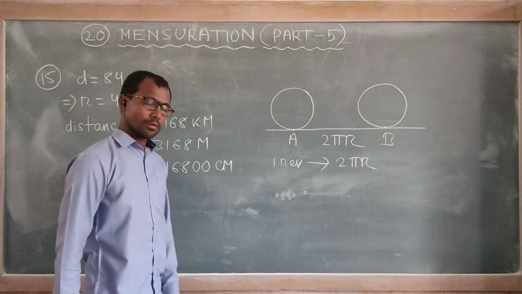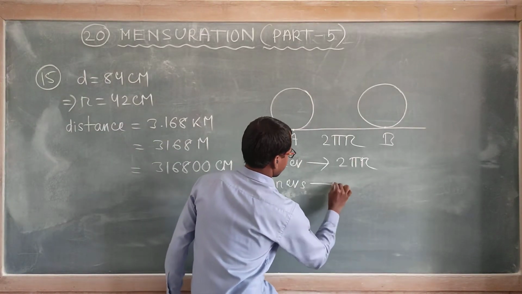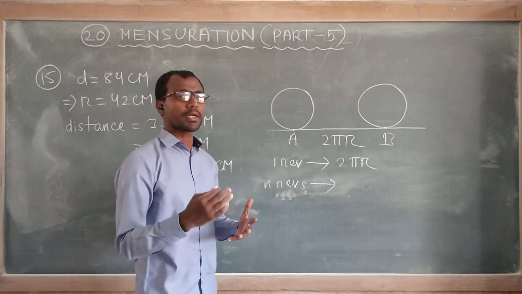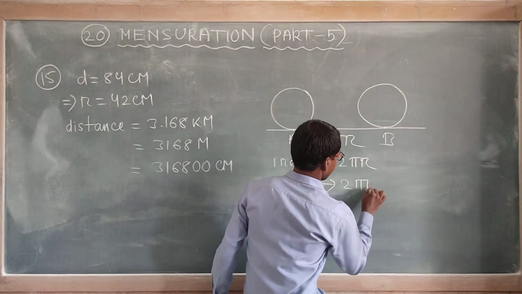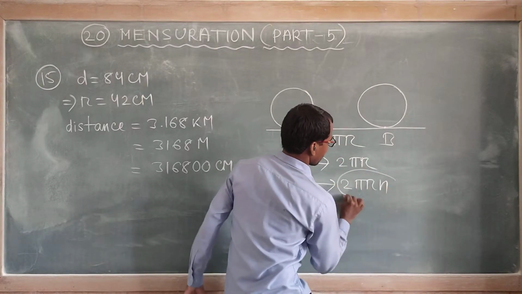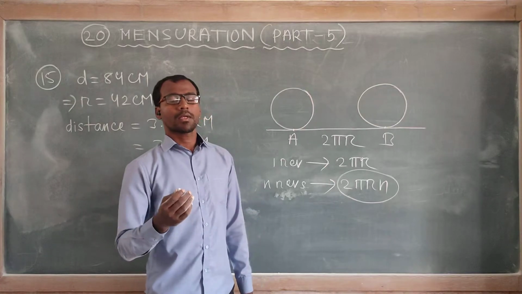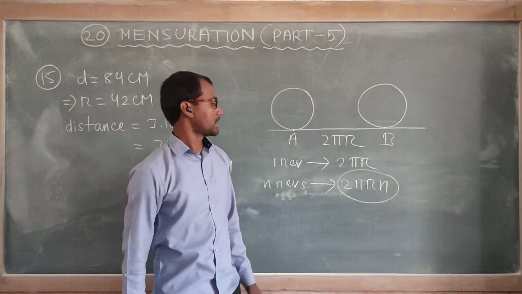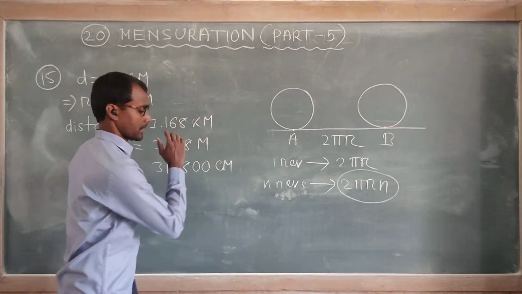Suppose it is making n revolutions, then the distance traveled will be 2 pi rn. Remember this formula. So the distance traveled by a wheel in n complete revolutions is 2 pi rn. We will use this here.